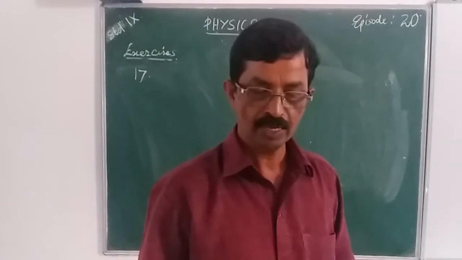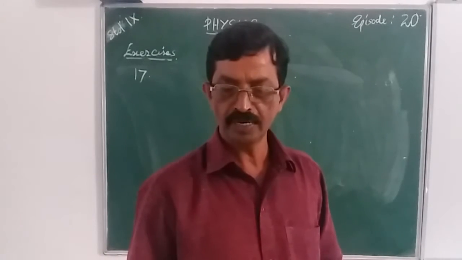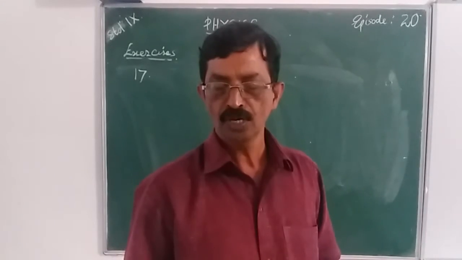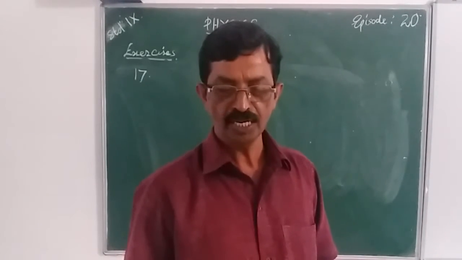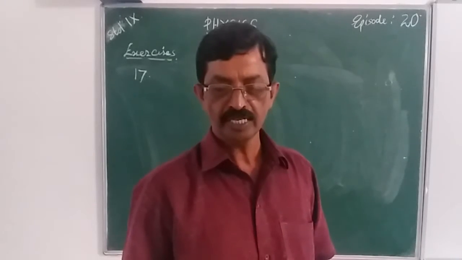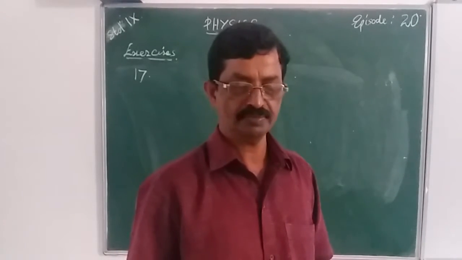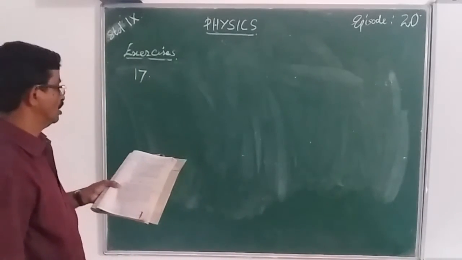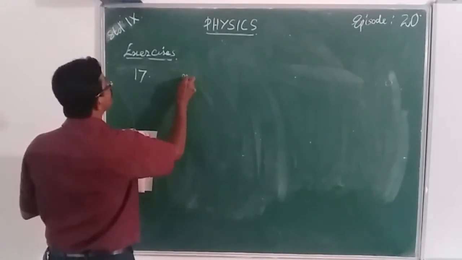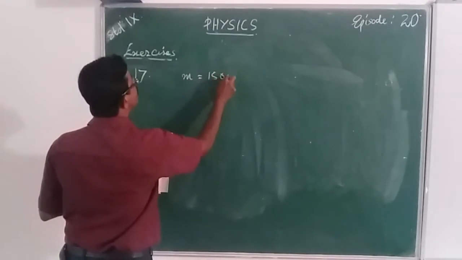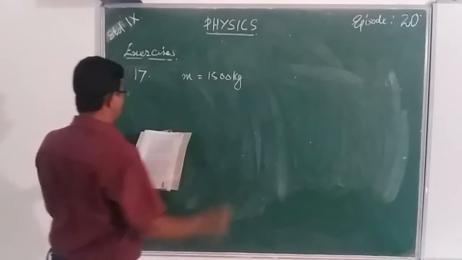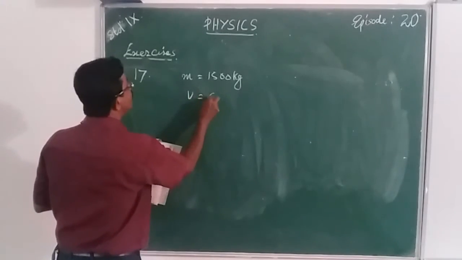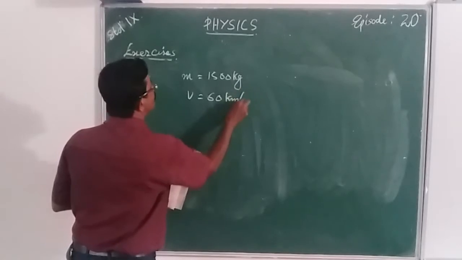Calculate the work required to stop a car of 1500 kg moving at a velocity of 60 km per hour. That means a car whose mass is 1500 kg is moving at a speed of 60 km per hour.